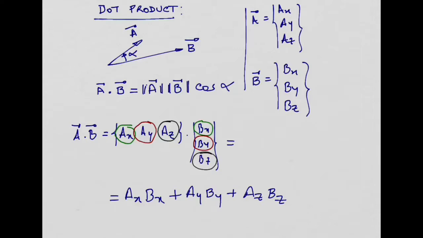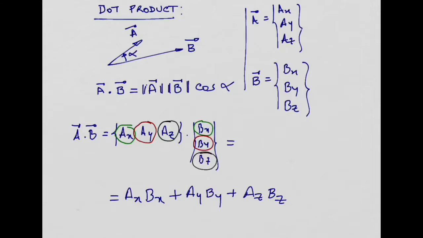If you know the components of the vector in a coordinate system, ax, ay, az, bx, by, bz, you can do the dot product by multiplying the first component of each vector plus the second component of each vector plus the third component of each vector. This should be exactly the same at the end, right?